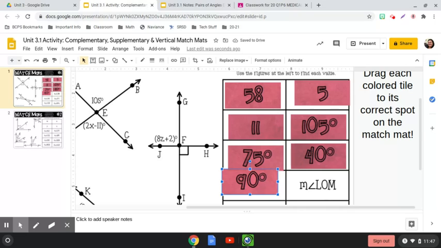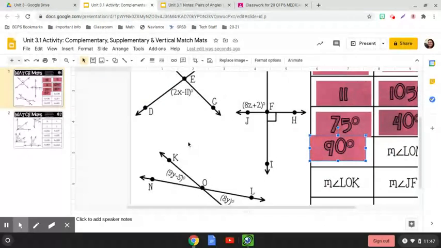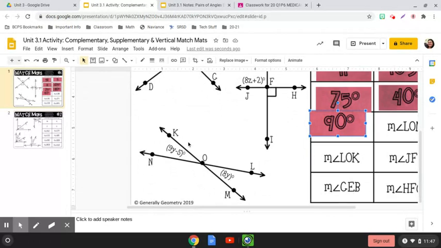For our next trick, we're going to look at the measure of angle LOM. So here we have angle LOM right here. O is in the middle because it's our vertex.